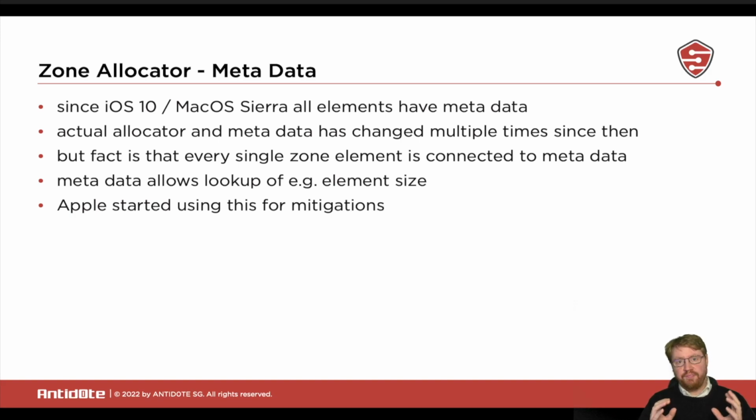Since iOS 10 or macOS Sierra, there's basically metadata available for every single zone element. That wasn't the case before, but ever since then, every zone element is connected to a piece of metadata so that the allocator knows at any time certain attributes of zone elements, for example, the size.